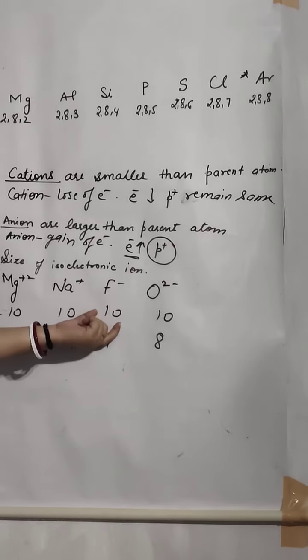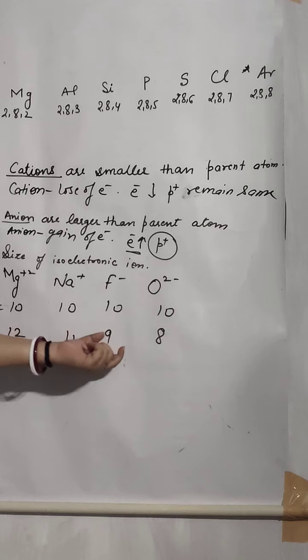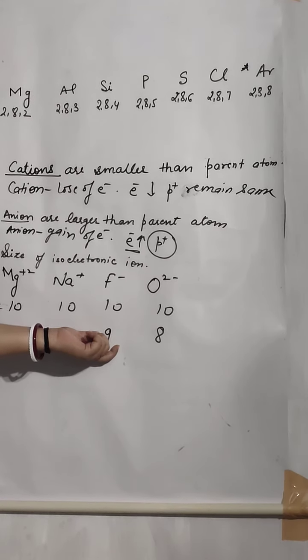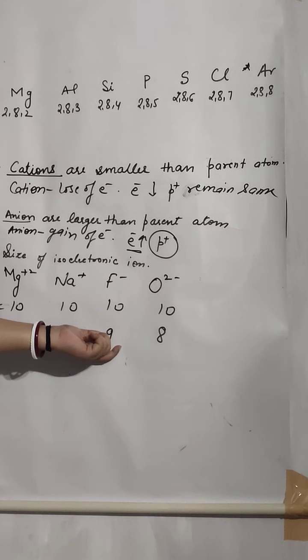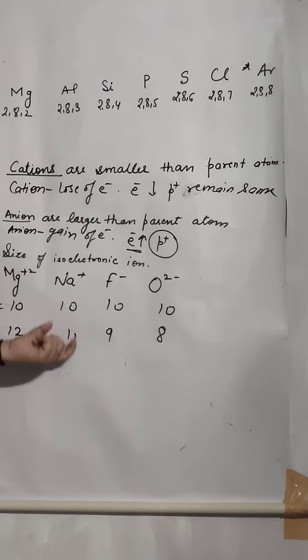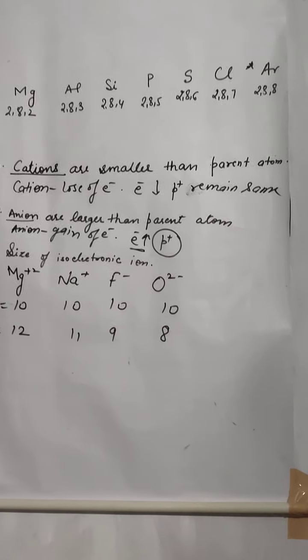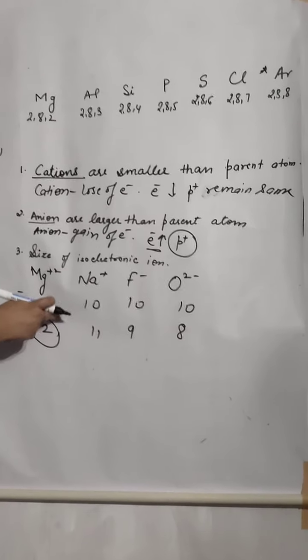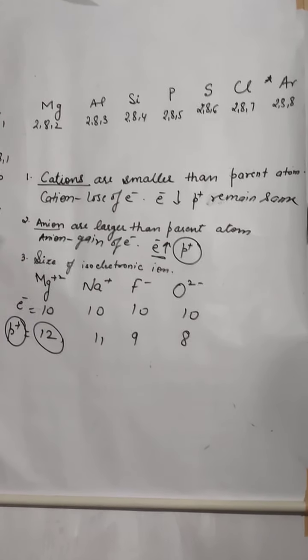Like this is also having 10 electrons but 9 protons, so it also exerts a force of attraction, but that much attraction it will not be able to exert as proton number is less, so its size will be bigger than sodium. So the thing is, the more the nuclear charge, smaller will be the size of the atom.